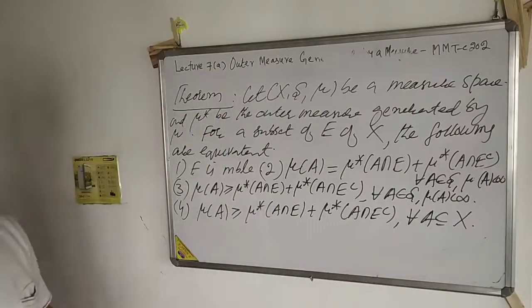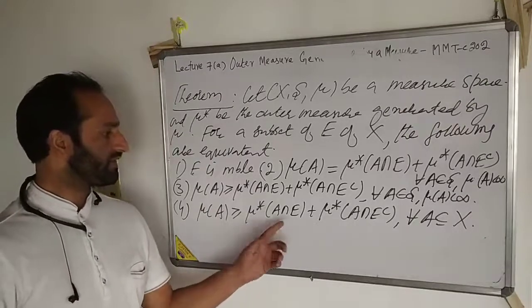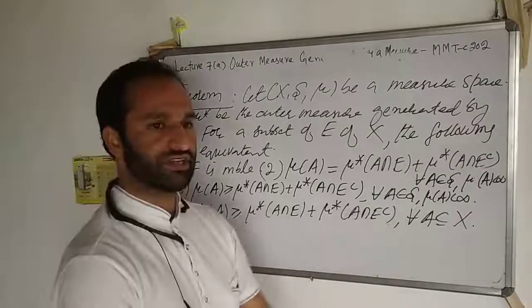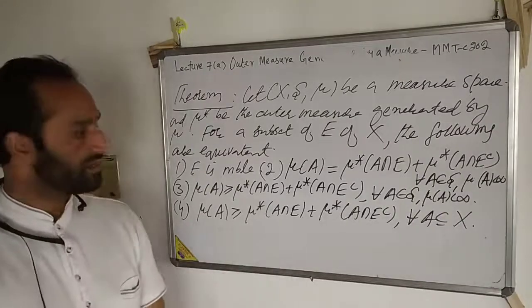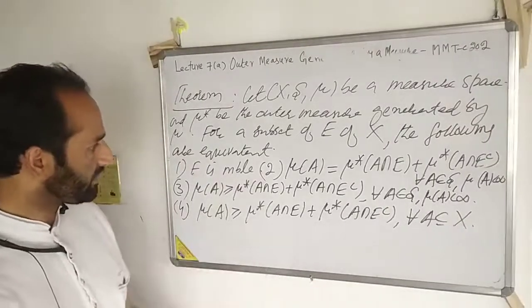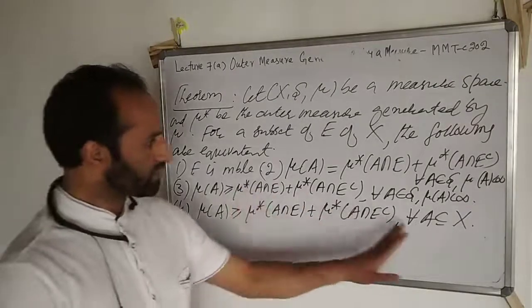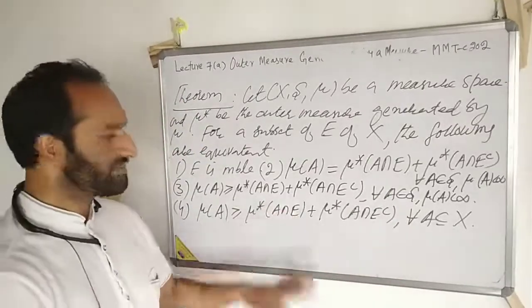So that theorem is very important because for measurability we need this inequality: mu of A must be greater or equal to mu star of A intersection E plus mu star of A intersection E complement for every subset of X. Then the set E is measurable. But this theorem states that if this inequality holds only for those subsets of X which are the members of the semiring, not all the subsets of X, then still the set E is measurable.